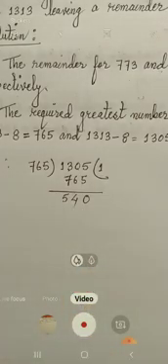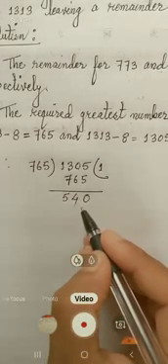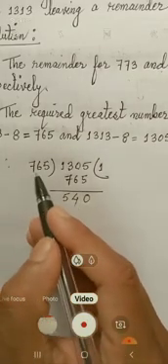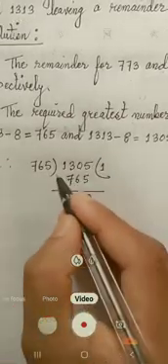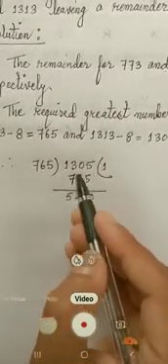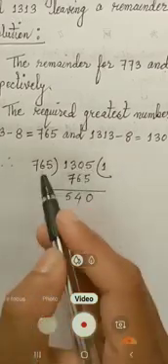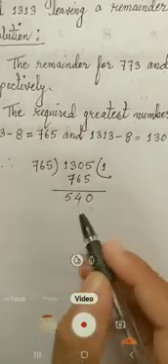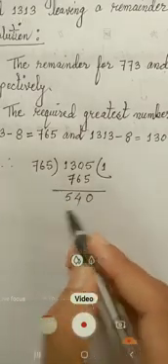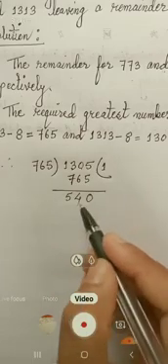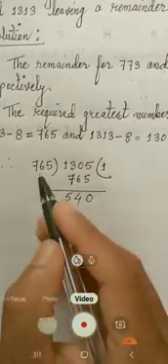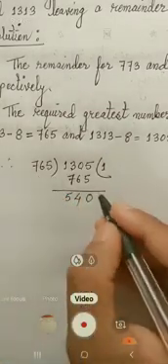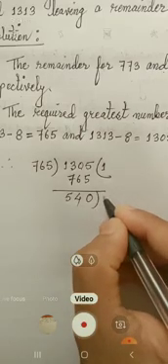In the next step, this remainder becomes the divisor, and 765 becomes the dividend. In the first step 1305 was the dividend and 765 was the divisor. In the second step, the remainder 540 becomes the divisor, and 765, which was the divisor, becomes the dividend.